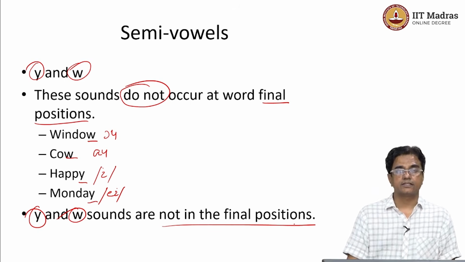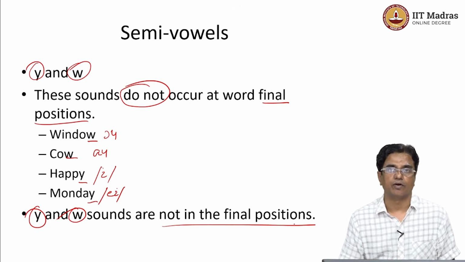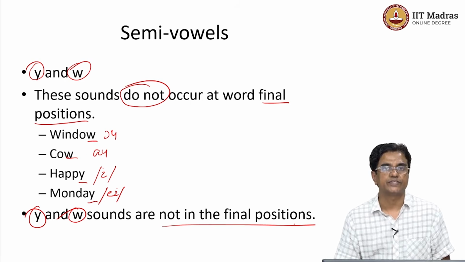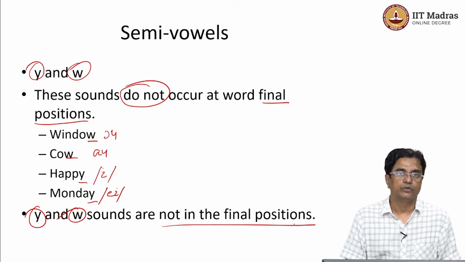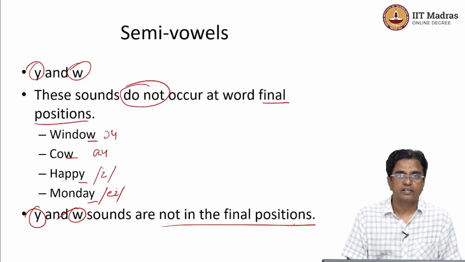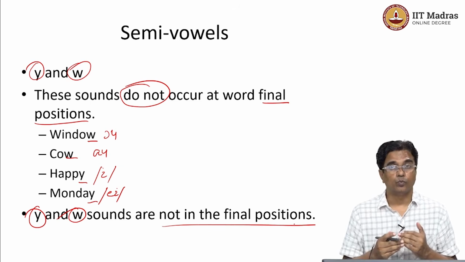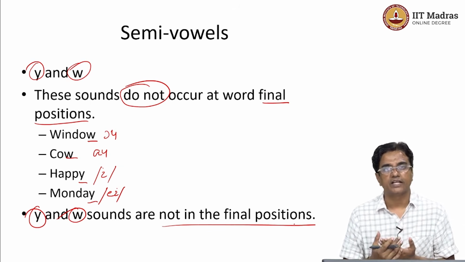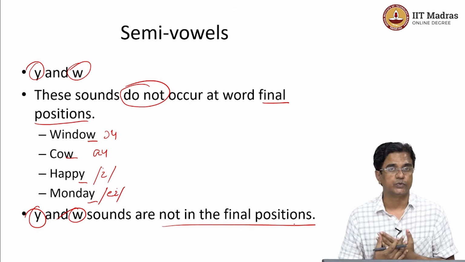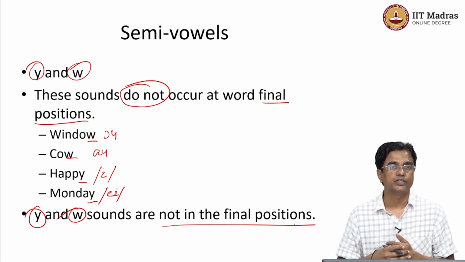So this is the introduction to semi-vowels. You know so many things about semi-vowels now. You know what those sounds are. You know the distinction between sound and spelling. You know that they do not occur in the final position of a word.